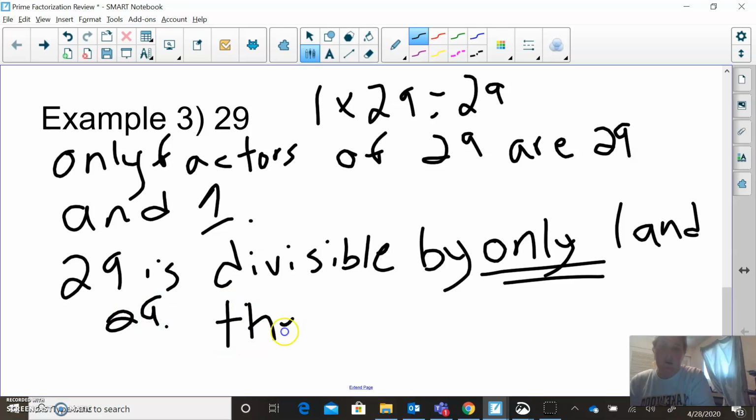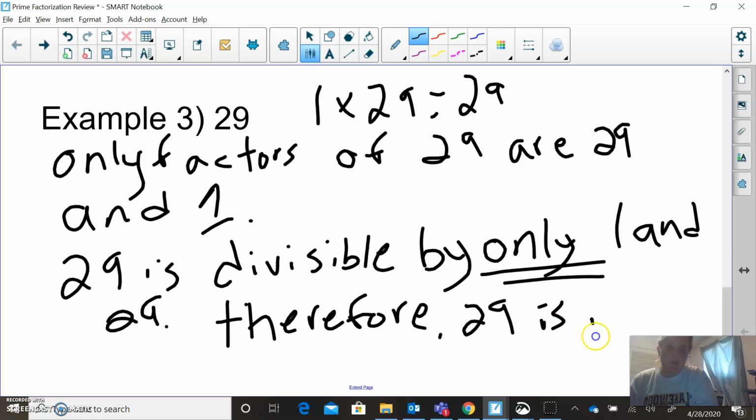Therefore, 29 is prime. Okay, so those are some examples of prime numbers.